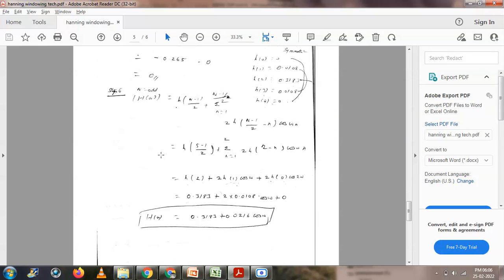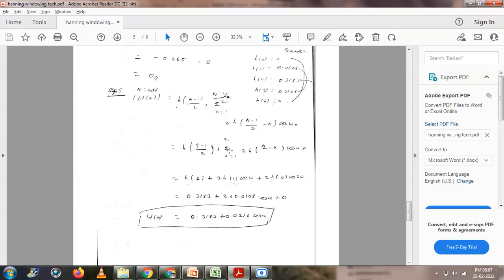And step 6, so h of n minus 1 plus n minus 2 summation, n is equal to 1, n minus 1 divided by 2, h of n cos omega n. So n value is 5, and then summation of 2h. So just apply the formula, they having this odd value, n is equal to, if it is odd, there is a formula.